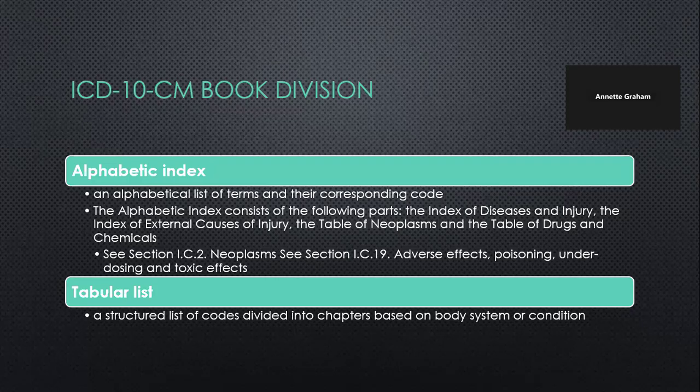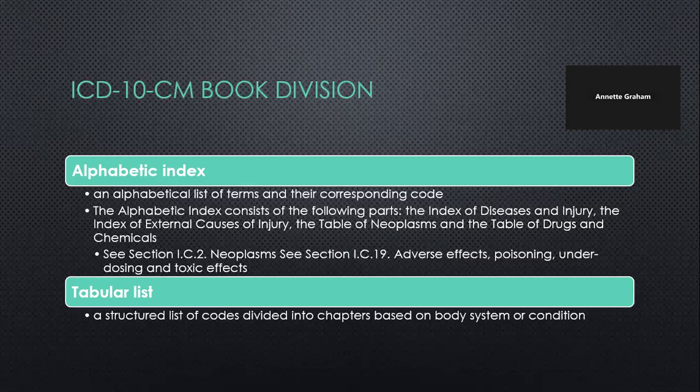Okay, so a little brief information. If you are new to coding, the alphabetic index consists of the following parts. We have the index for diseases and injury, the index of external causes of injury, the table of neoplasms, and the table of drugs and chemicals.